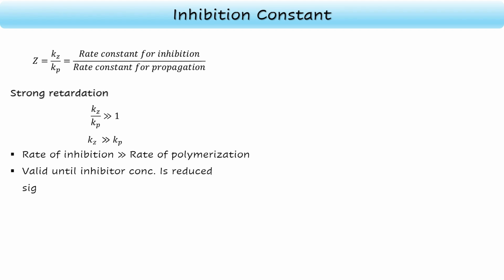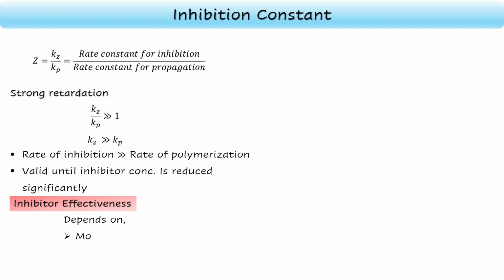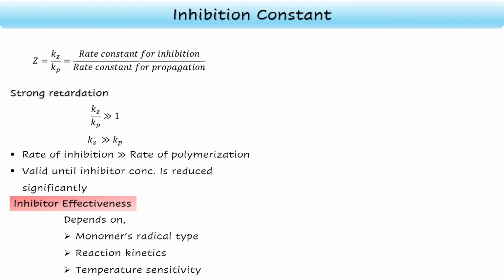Actually, the effectiveness of inhibitors depends on several factors such as monomer radicals, kinetics of the reaction, and temperature sensitivity. This means one inhibitor cannot be equally effective for all types of monomers. A compound can act as an inhibitor for one monomer but as a retarder for another monomer.